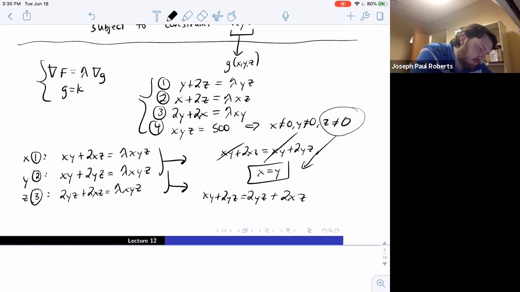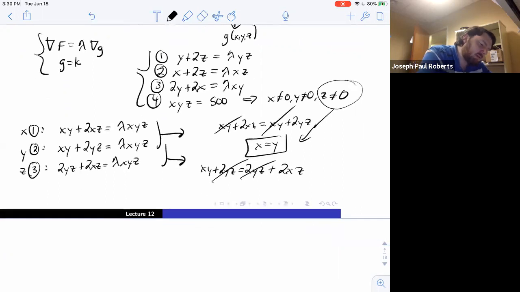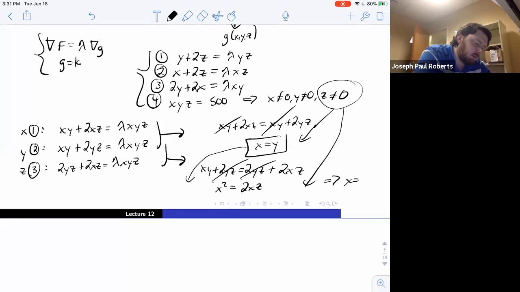Well, the 2yz's cancel out, so I get xy equals 2xz, but I already had that x is y, so this is x squared equals 2xz, which again, using the fact that z can't be 0, tells me that x has to be 2z.